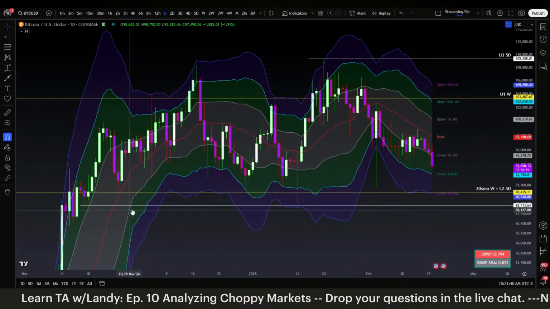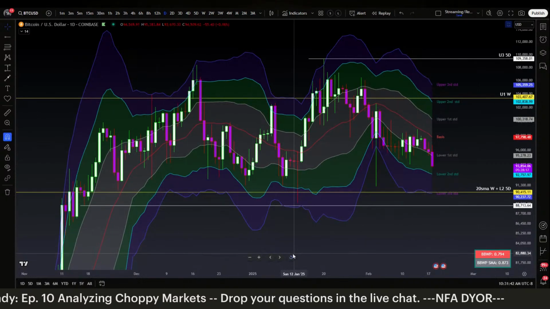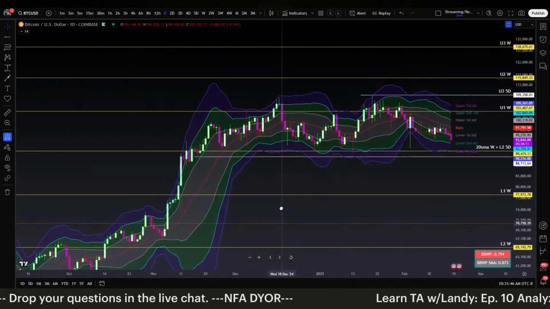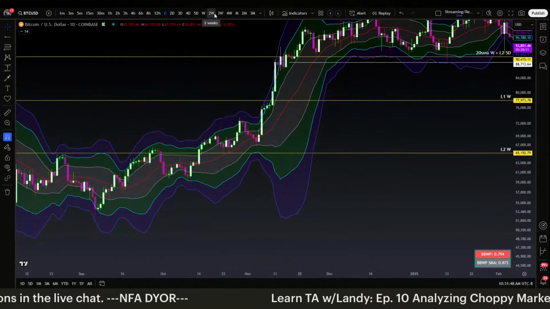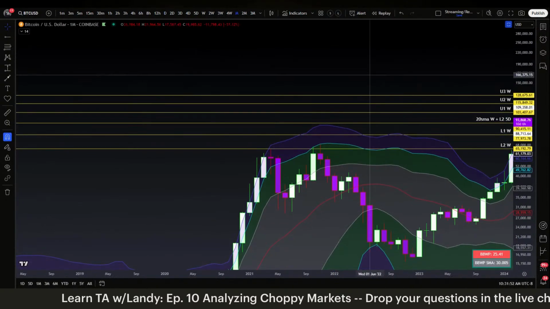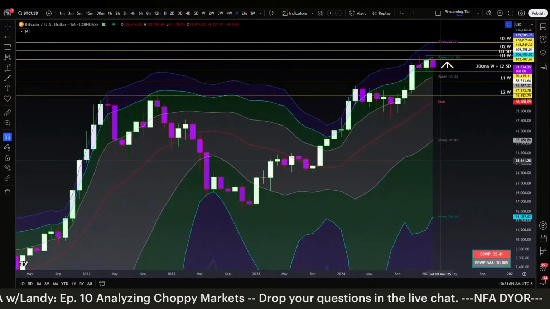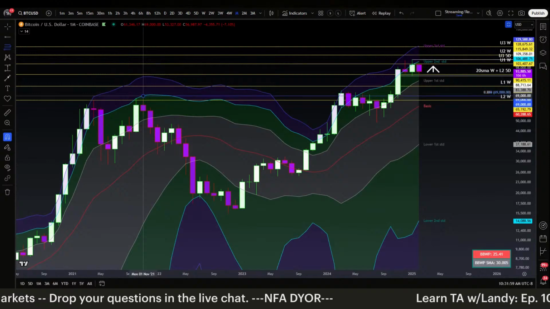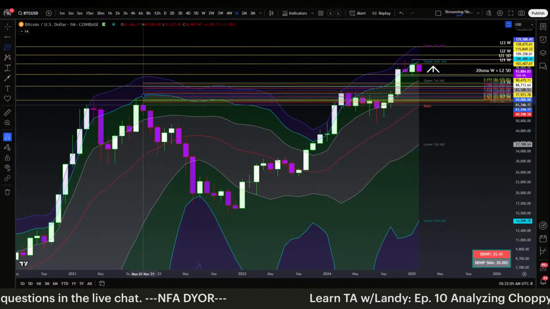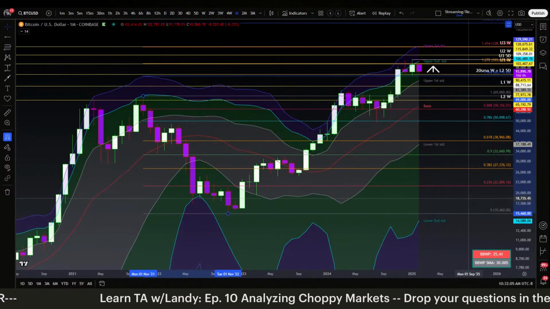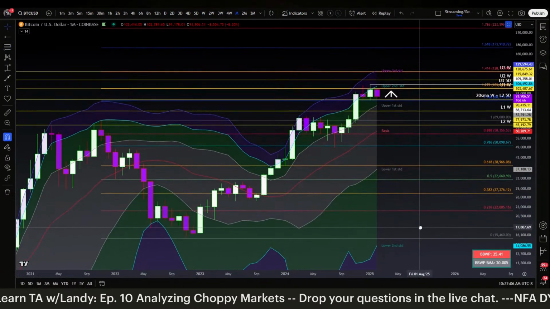It also happens that we have confluence with the 88,700 for Fibonacci levels. So let's go ahead and throw those on so we can see that we have clear confluence with levels of interest, volatility, and we're just taking the all-time high from the prior cycle to the bear market low, so 69,000 to 15.5.